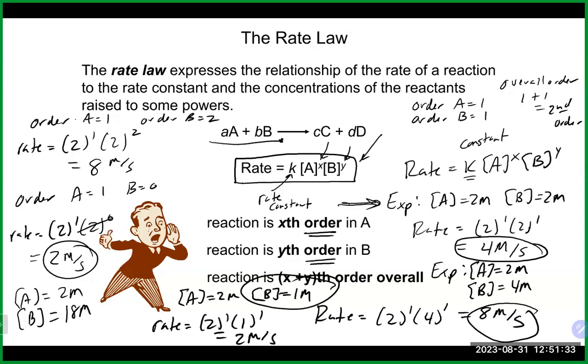I would not, because B is 0 order, which means you could do whatever you want to B. It's not going to have any effect on the reaction rate, right? So it's not going to change anything. I would foolishly put 18 molar there and go, wow, it did the same thing as before. In this case, the only thing that will affect the rate is A. You would have to do something to A to affect the rate. Any questions on that? Yeah.